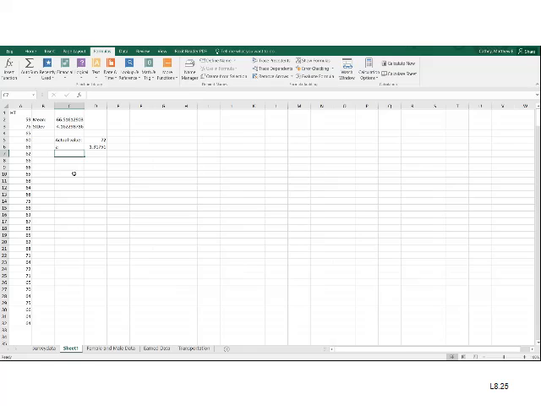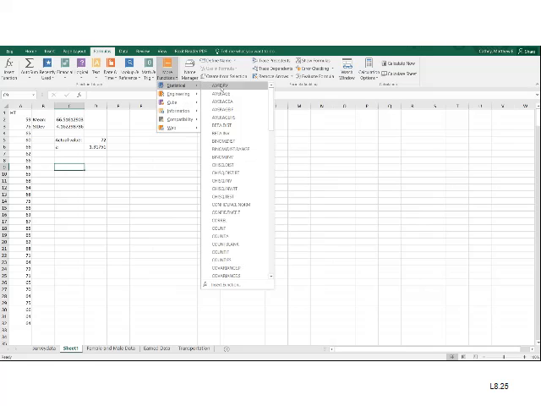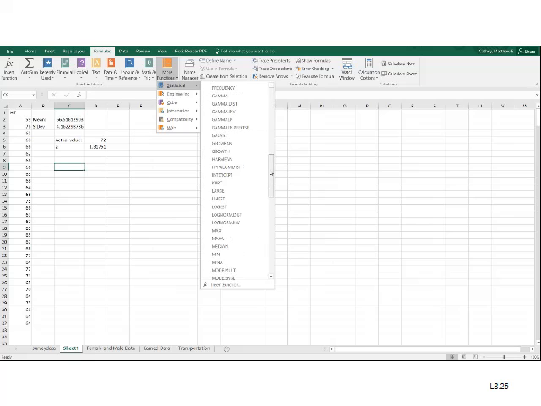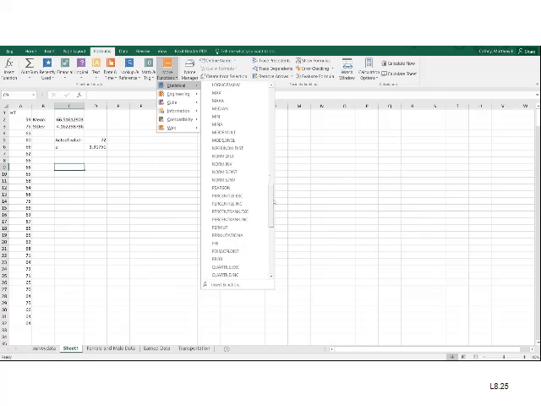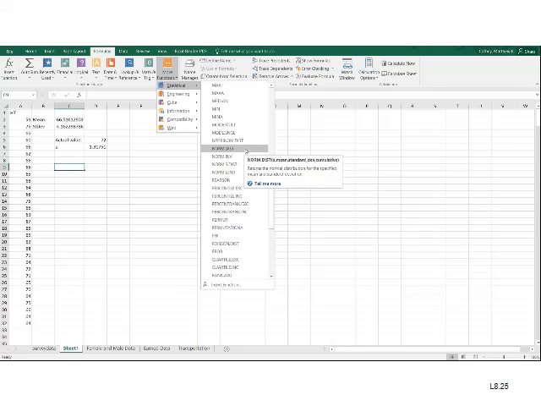Now, how do we use the normal distribution in Excel? The normal distribution is also found under More Functions, Statistical. And as we scroll down, we'll see several options for norm. NORM.DIST, which returns the normal distribution for the specified mean and standard deviation. We'll talk about what that means in a second.